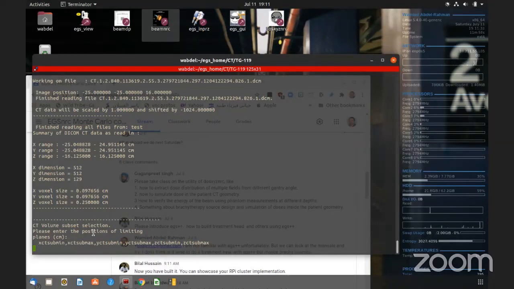Then the next thing is, now I want to generate this phantom for EGS, and I can actually not use everything from the DICOM files. I can cut it if I want. So this is the minimum and maximum dimensions in the X, Y, Z that I'm interested to actually convert, and just to make things simple, I just take everything.